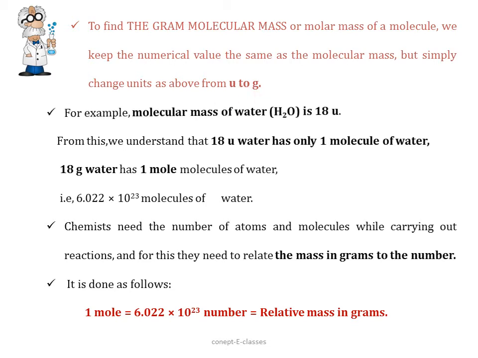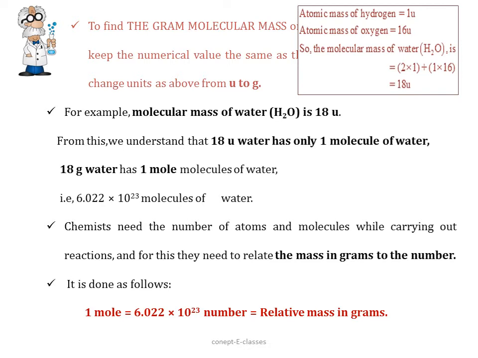Say, for example, the molecular mass of water. It is 18 u. How did we find the molecular mass of water? We know that the atomic mass of hydrogen is 1 u and the atomic mass of oxygen is 16 u. So the molecular mass of water, H2O, is the sum of the atomic masses of all the atoms present in that molecule. Therefore 2 into 1 plus 1 into 16, which is equal to 18 u.